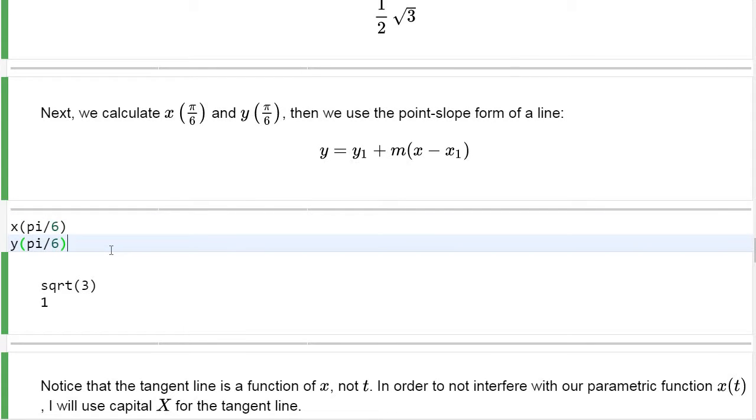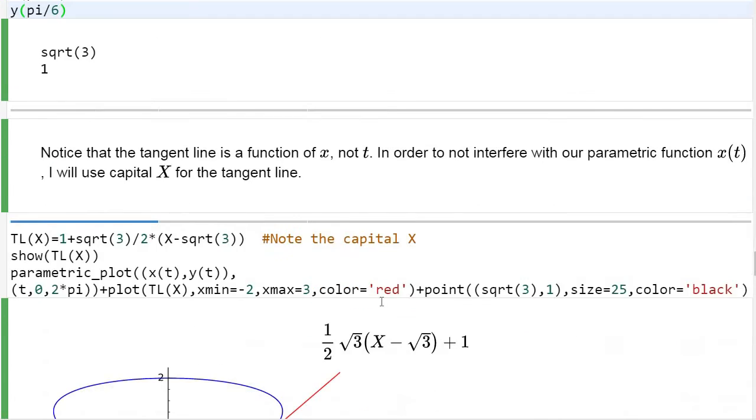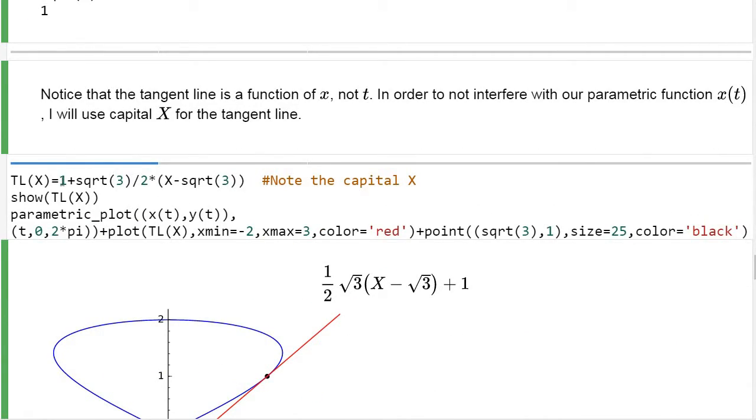Now to find the tangent line, I'm just going to use the point slope form of the equation. Y value plus slope times x minus the x value. That's what I'm going to do down here. Now I'm going to use a capital X here because little x is already taken. That's our parametric function x of t.